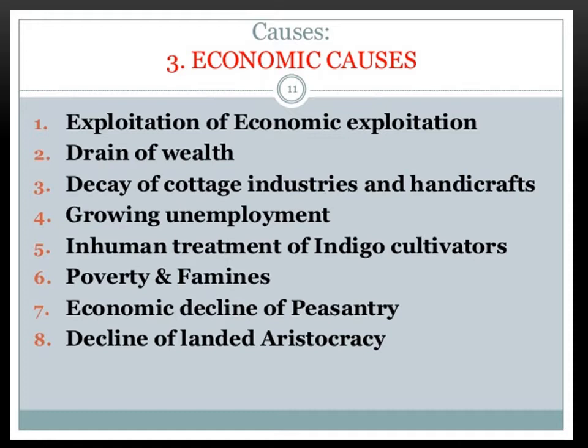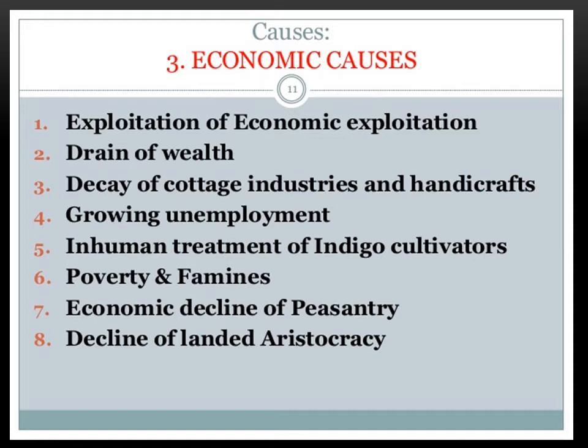Then there were some economic causes that led to the Indians' mutiny. We have already seen how the British merchants made substantial profits from their trading in goods such as textiles. The British also followed a practice of imposing high taxation to ensure that they exploited India's wealth to the full.